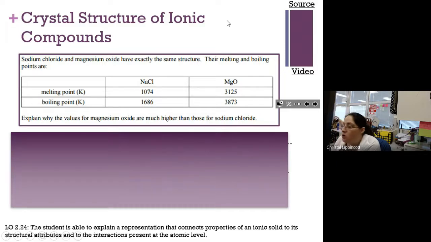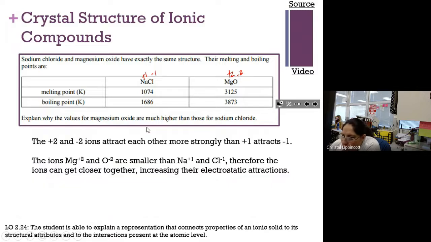The charges are larger. You have a +2 charge here and a -2 charge versus a +1 and a -1. The charges are greater in this one. Were you able to get that? That was kind of an FRQ type one, wasn't it?